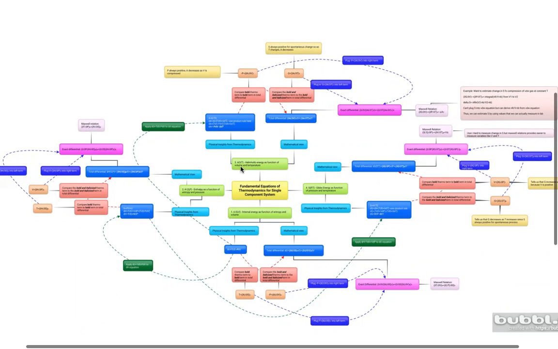Or in some cases, if we look at the Maxwell relations derived from the Helmholtz and the Gibbs, you get things in terms of alpha divided by kappa T, which is the isobaric volumetric thermal expansion coefficient divided by the isothermal compressibility. And those are things that we can find.